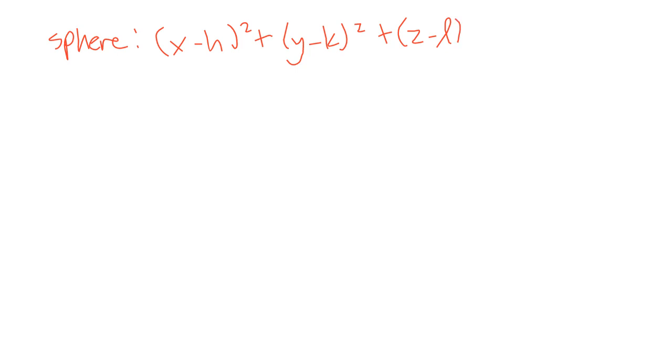So our formula for a sphere is (x minus h) squared plus (y minus k) squared plus (z minus l) squared equals r squared, where (h, k, l) is our center and r is our radius.